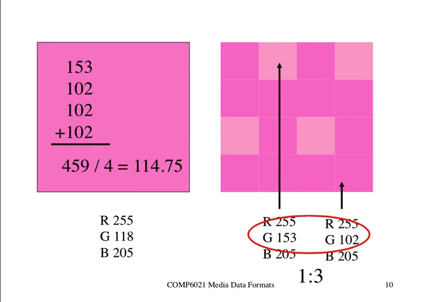So this pale pink here has a red value of 255, a green value of 153, and a blue value of 205. And this dark pink has a red 255, a green 102, and a blue 205.